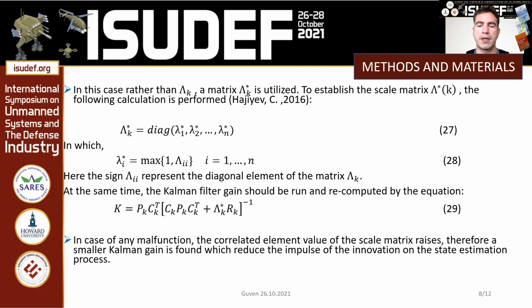Therefore, a smaller Kalman gain is found, which reduces the effect of the innovation on the state estimation process.